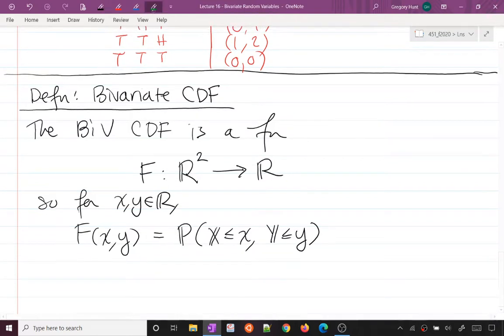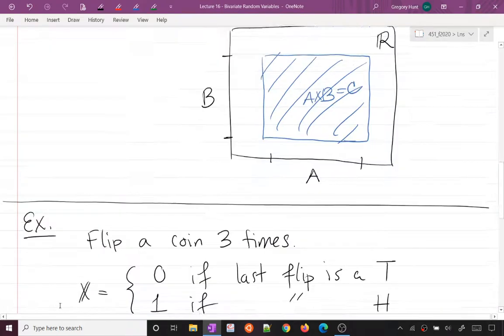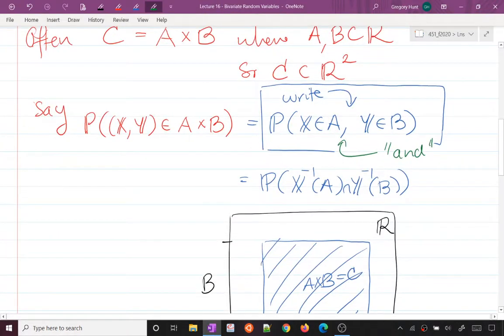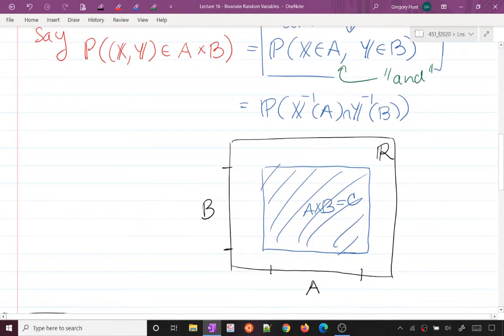Again, this comma here is my shorthand way of writing "and," which we defined back at the beginning. We said that if I write X in A and Y in B, what I really mean is this Cartesian product form.